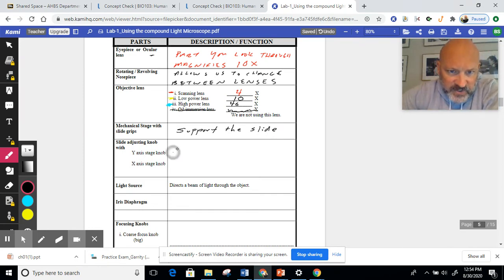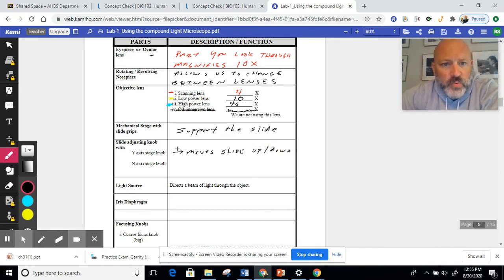The y-axis stage knob moves the slide along the y-axis, so that's up and down. Where the x-axis stage knob moves the slide along the x-axis, so that's going to be right and left.